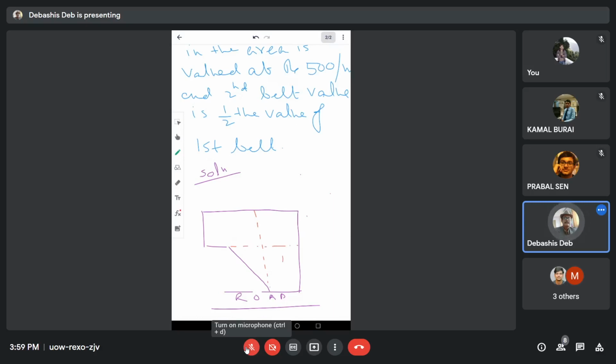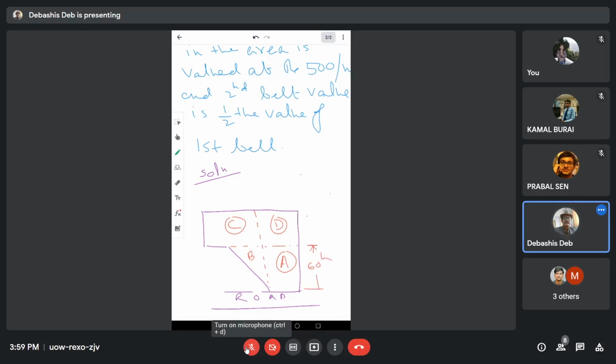So let us assume it is area A, B, C, D. Now it is mentioned in the problem that land to a depth of 60 meter in the area is valued 500 per square meter. In my case also, it is up to 60 meter.